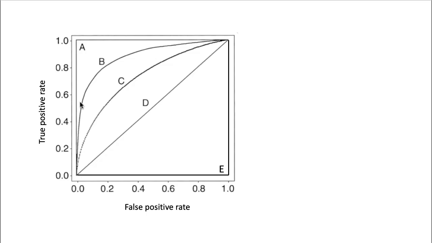What this means is that as you keep decreasing the cutoff, you reach a point where you identify 100% of the true positives without incurring the cost of even one false positive.